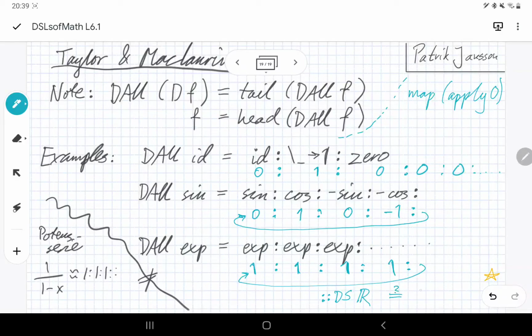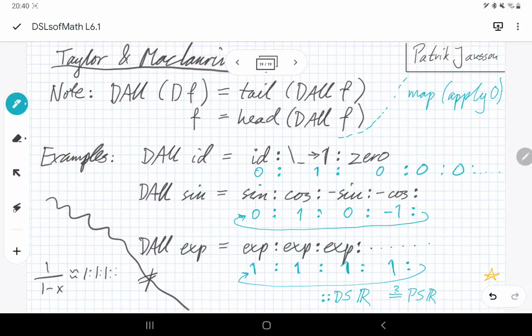So you might wonder what is this relation of ds real to power series of real? If this sequence of numbers 1, 1, 1 and so on should represent something as a power series, it would be, as we saw in one of the earlier lectures, the power series for 1 over 1 minus x, because that has the coefficients 1, 1, 1 and so on as a power series. So it should say power series and not the Swedish word.